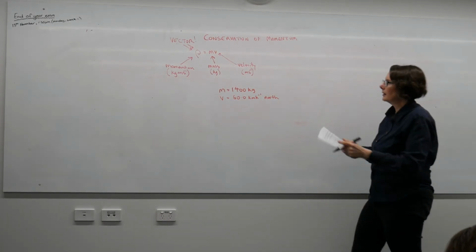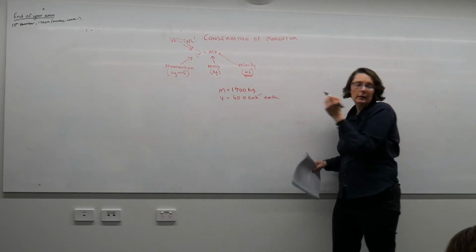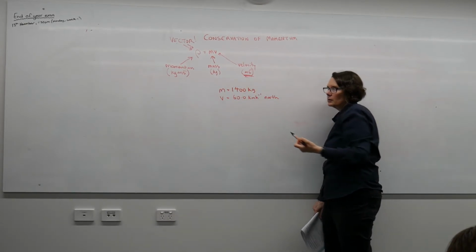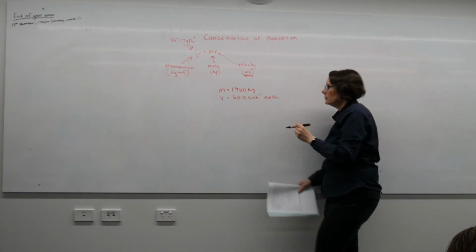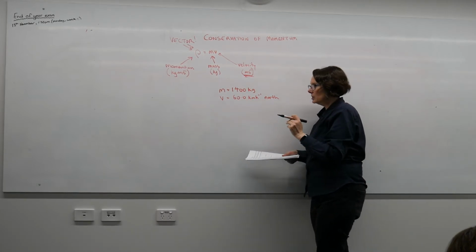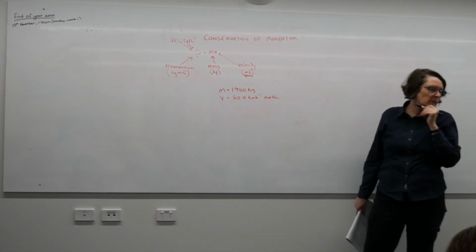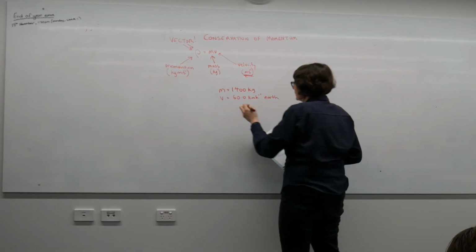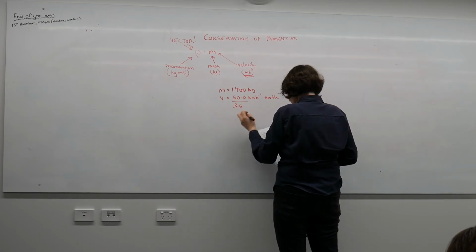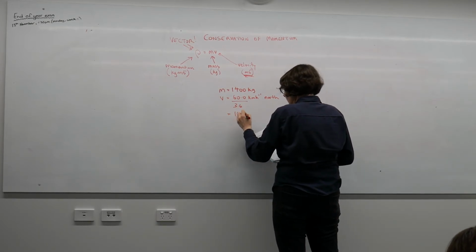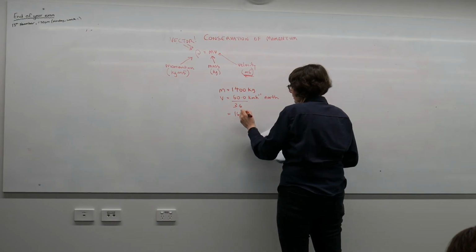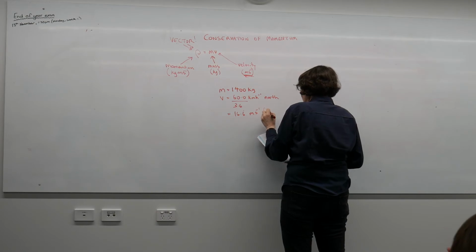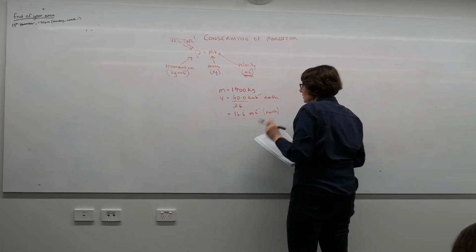And just like all of our other equations that we've had before, we need to use our SI units in our equations, and so we need to convert this kilometres an hour to metres a second. Do I multiply or divide by 3.6? Divide by 3.6. So that is going to give me 16.67, it's actually 6 repeating, metres a second. And we're also just keeping in the back of our minds that it's north.